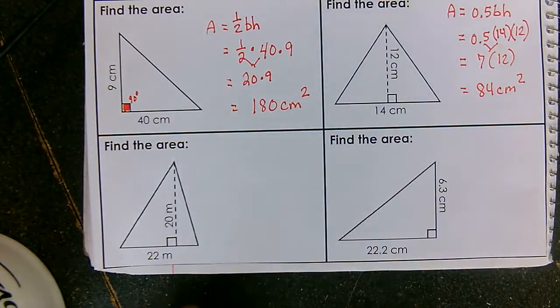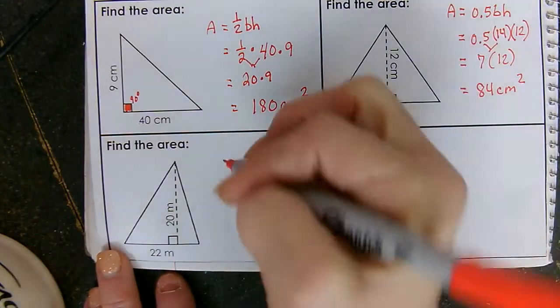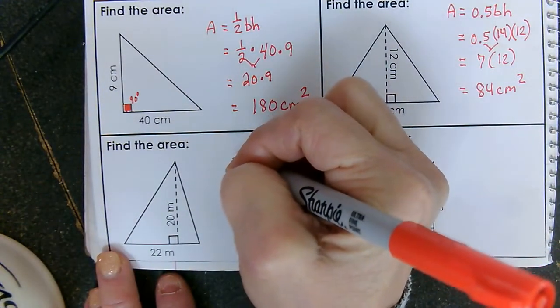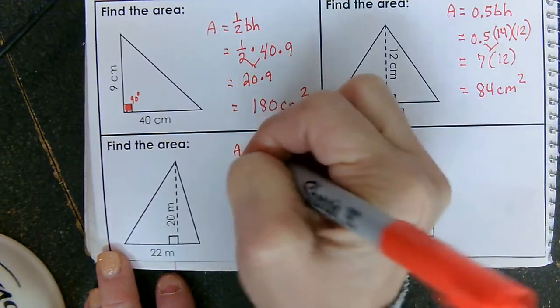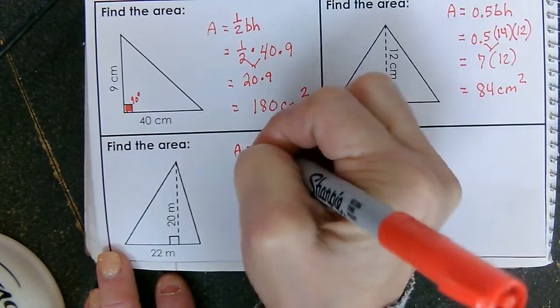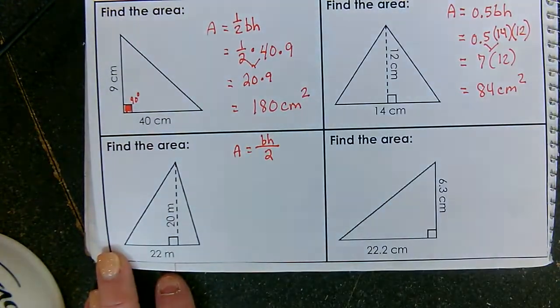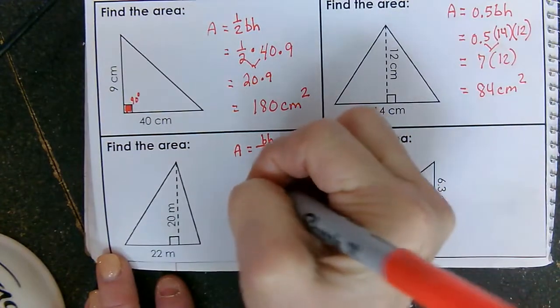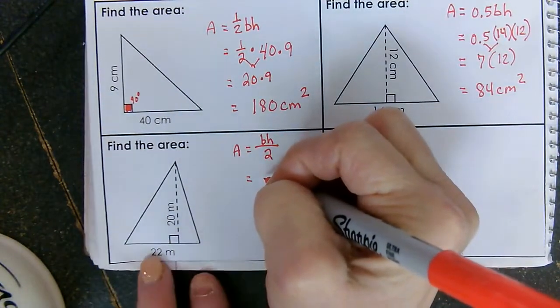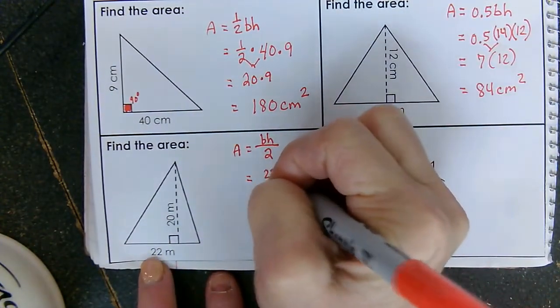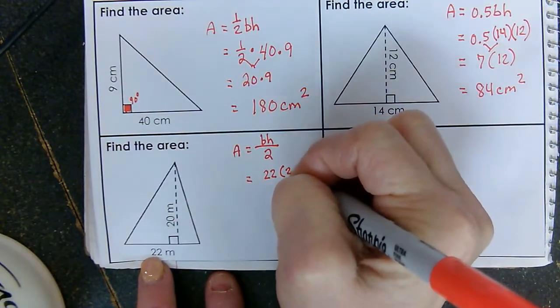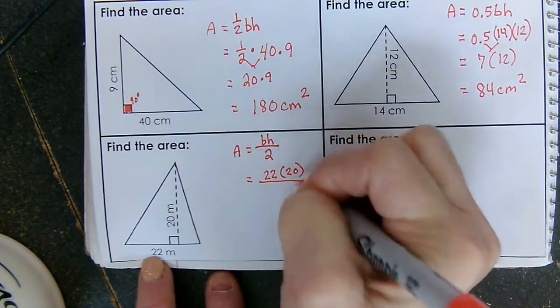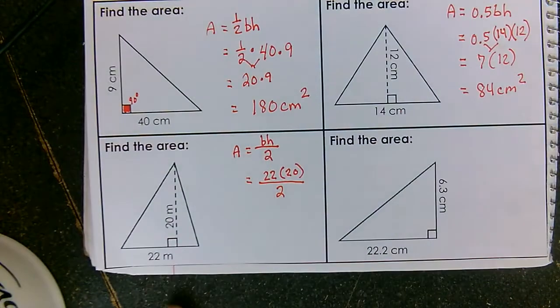Okay, look at the next one. Find the area. On this one, we'll use it differently this time: area equals base times height divided by 2. Okay? And that equals base, which is 22 in this case, times the height of 20, all divided by 2.